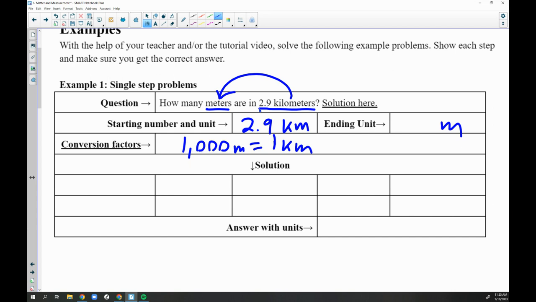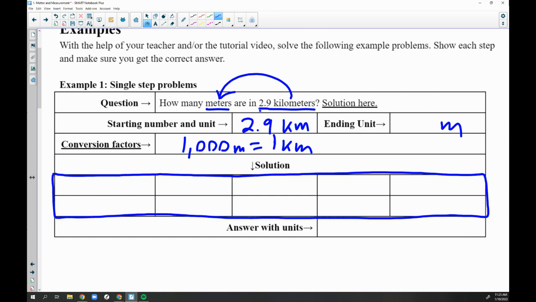So next, we're going to move down to this area here, which we call the train tracks. This is where we're going to solve the problem and actually do the math. We are always going to put our starting number and unit down here in this upper left-hand corner box of the train tracks. We're always going to do that throughout the whole year, every time these pop up.